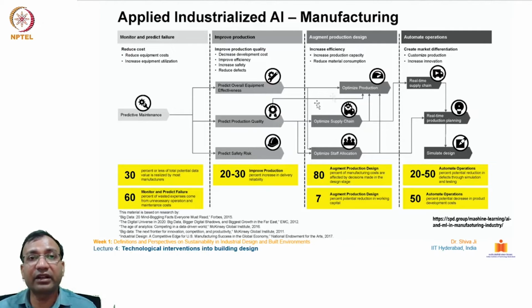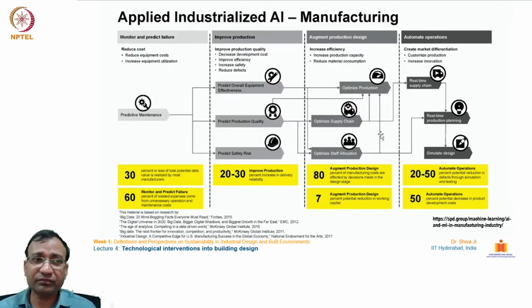These two are leading to optimizing production. This second one is leading to optimizing the supply chain and optimizing staff allocation.